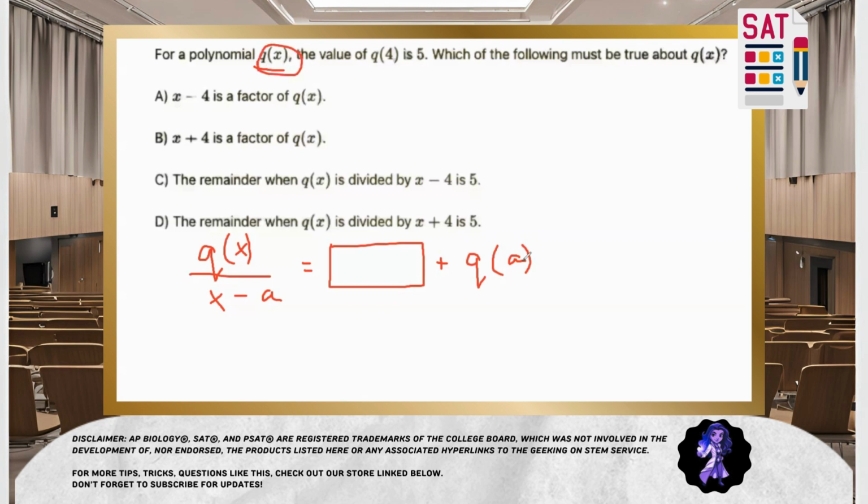So just note that this is related to this specific problem. The polynomial divided by X minus A equals some value plus the remainder that's here.